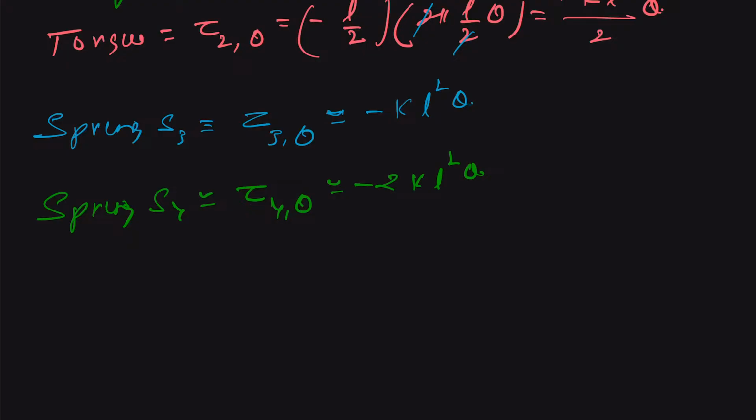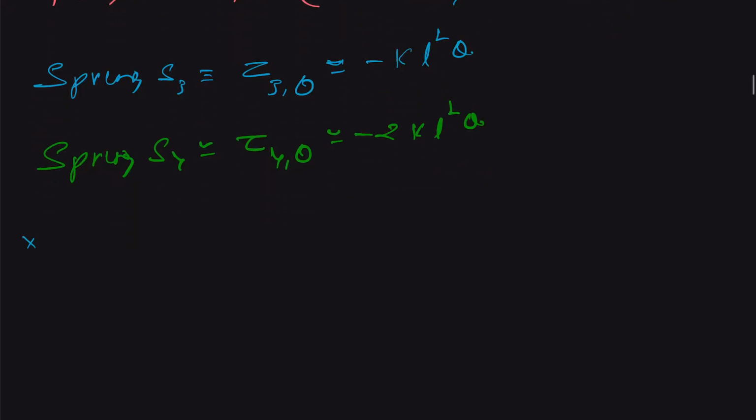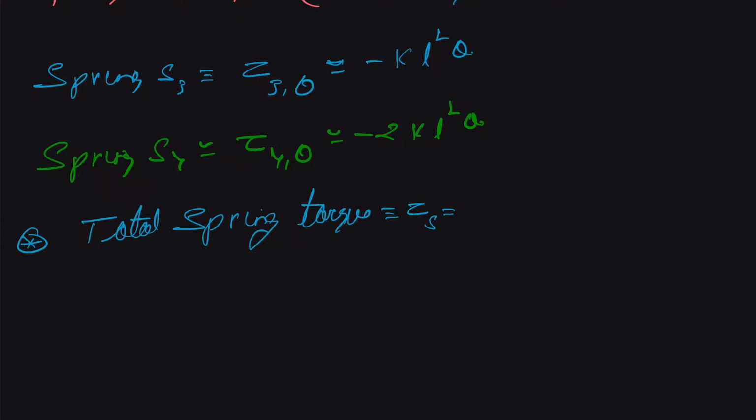So we find out now the net total spring torque. The total spring torque, let us suppose our tau s, will be equal to tau 1 plus tau 2 plus tau 3 plus tau 4.